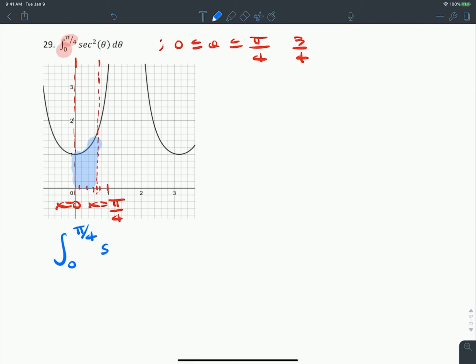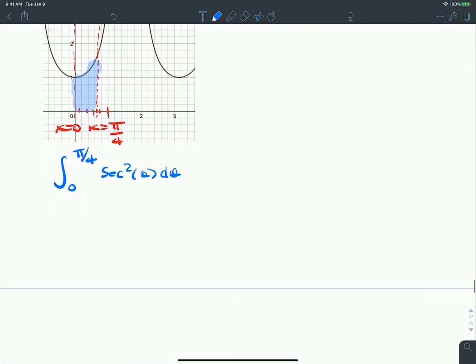The integral from 0 to pi over 4 of secant squared theta d theta. So we need the antiderivative of secant squared, which is tangent. So we evaluate tangent from 0 to pi over 4.